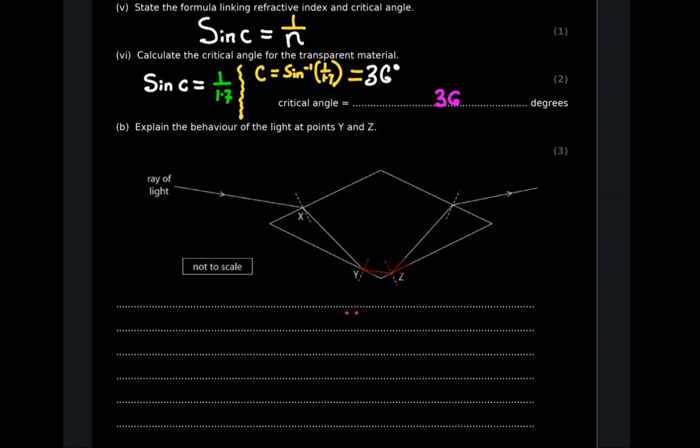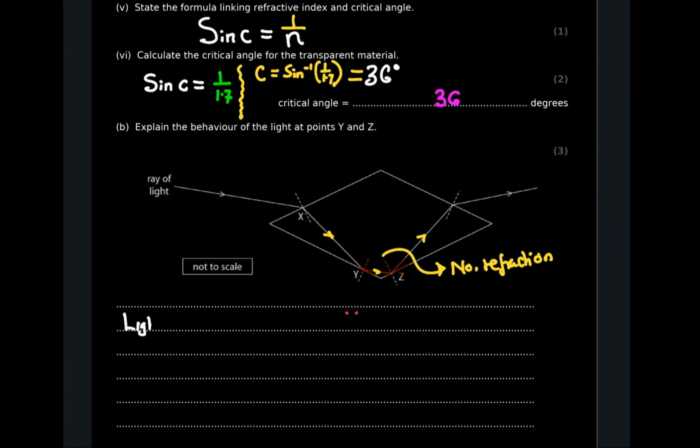And for total internal reflection to take place, the ray must be traveling from dense medium to less dense medium. So if the ray was moving from X to Y, that is in the dense medium. But if it was to get out of Y towards the lower part, that's a less dense medium. So meaning here total internal reflection has occurred because the angle of incidence in the dense medium is greater than the critical angle.